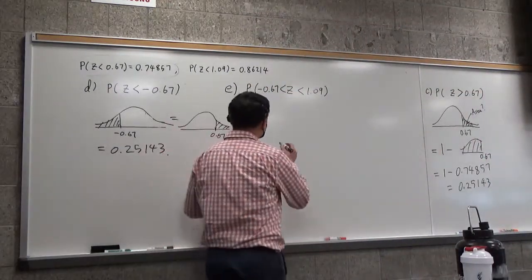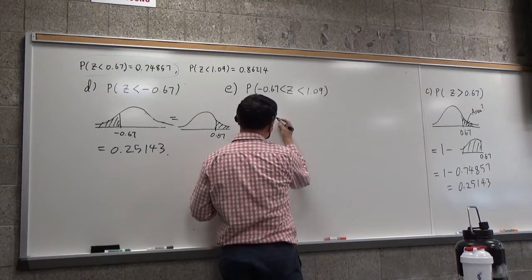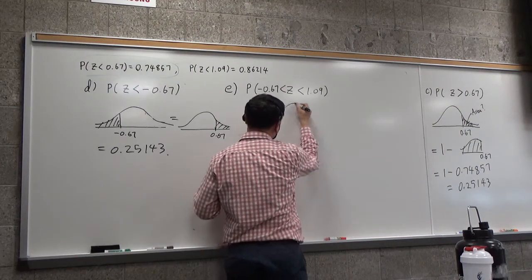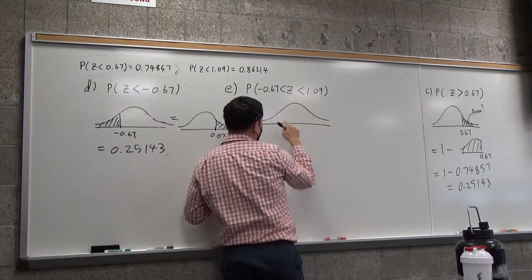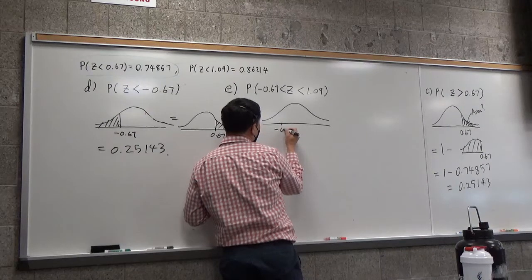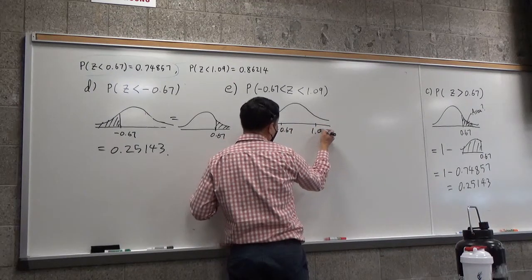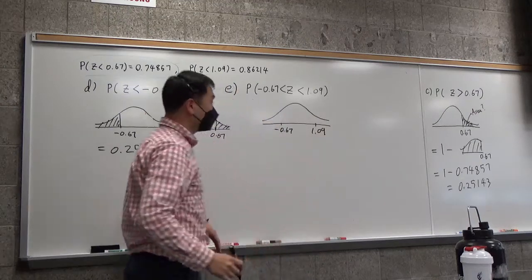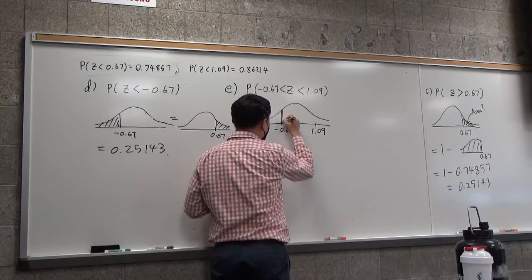Okay, so let's see. First of all, you draw the picture, and your z variable is between negative 0.67 until 1.09. It's between these two values, right?